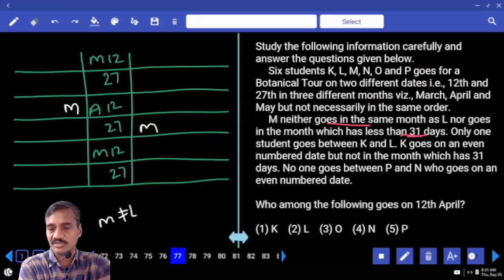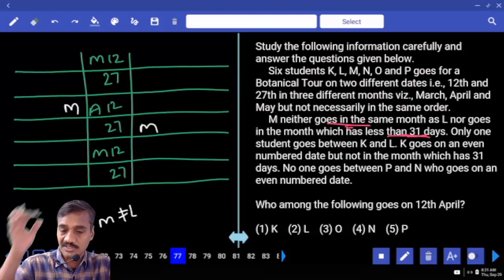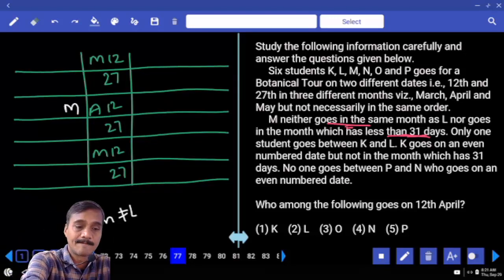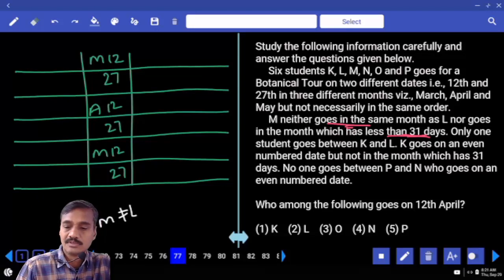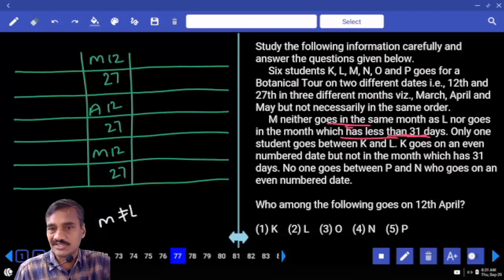Hence M is going in the month which has 31 days. Neither goes in the same month nor goes in the month which has less than 31 days. Where should it go?